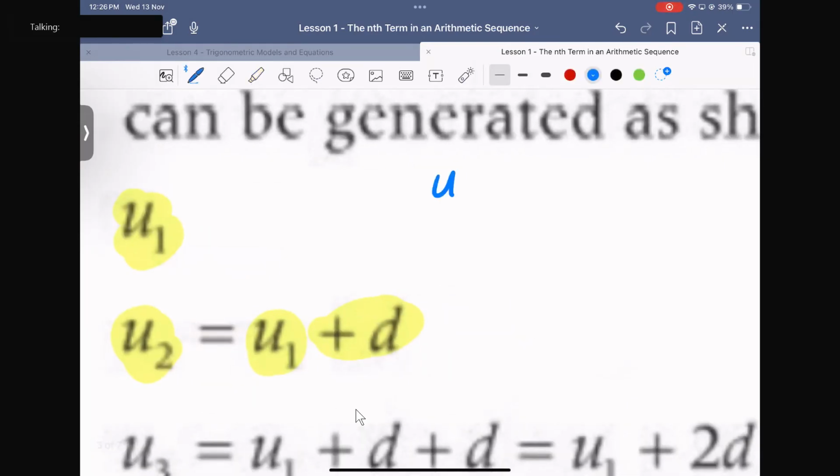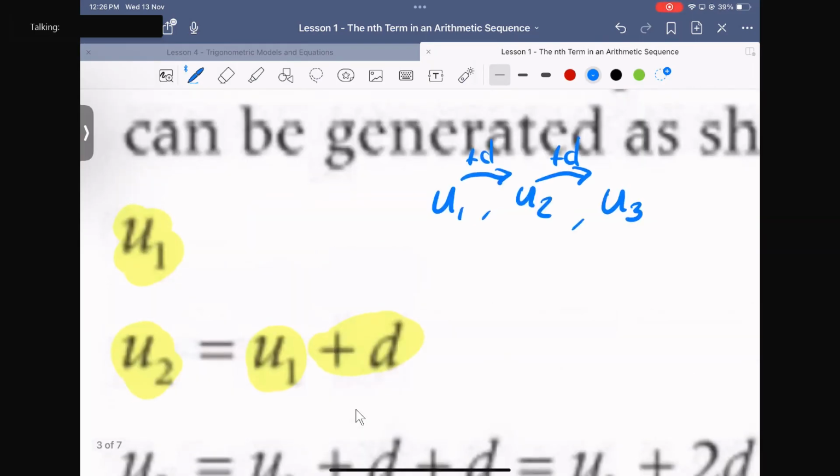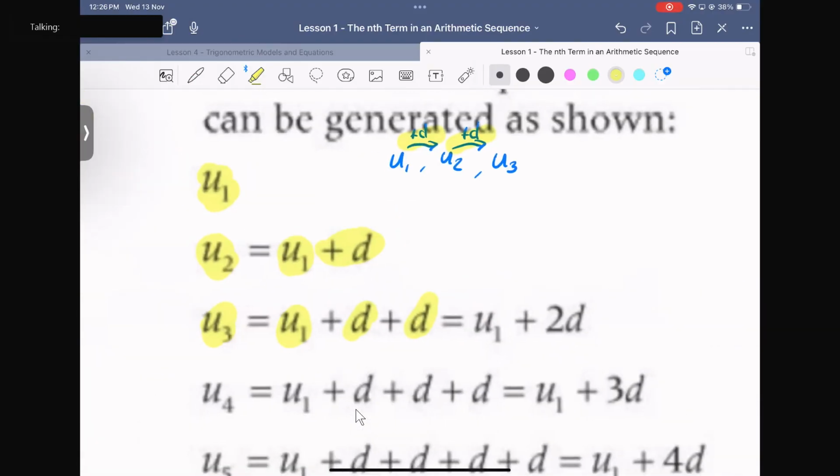If we have U1, and then U2, U3, we can get from one to the next by adding one lot of D. But to get to the third term, we start from the first term and add 2 lots of D. So the third term is U1 plus 2 lots of D. To get to the fourth term, we start at the first term and add 3 lots of D. So the fourth term is U1 plus 3 lots of D.